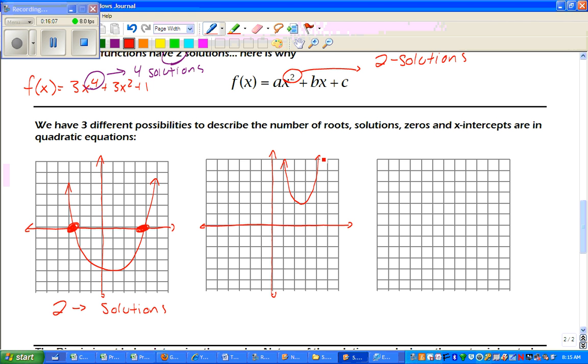I promise you those two solutions do exist. But since you cannot see them, they are imaginary. So in this situation, you have two imaginary solutions. Now, in the first graph over here, since we actually saw them, those are two real solutions, because you can actually see them.